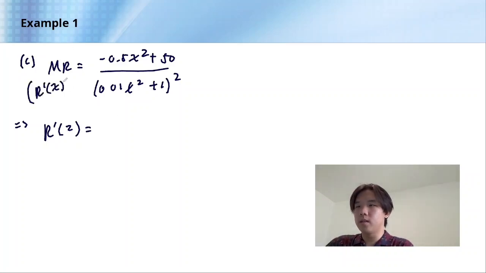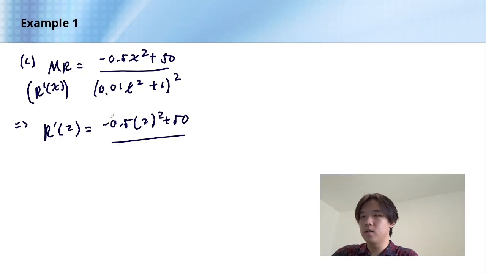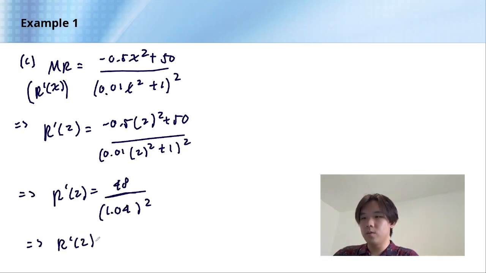So we will write negative 0.5 times 2 squared plus 50 over 0.01 times 2 squared plus 1, squared. When we use our calculator, we estimate the result to 2 decimal places as 44.8238. This is our value.